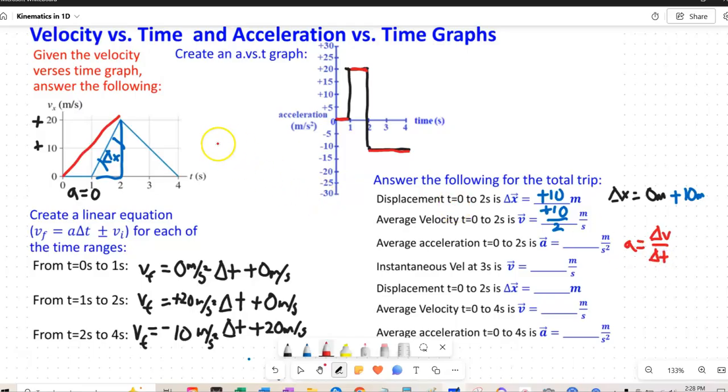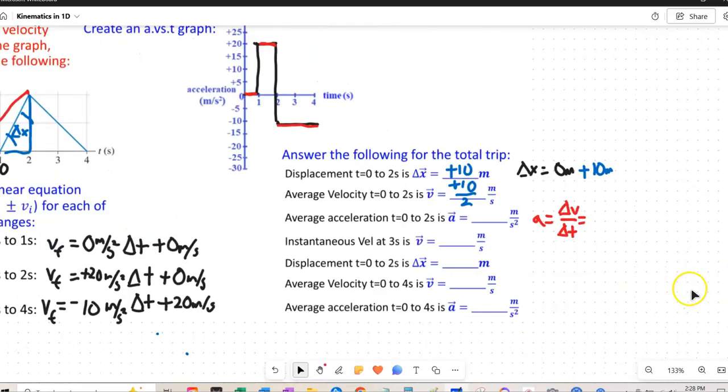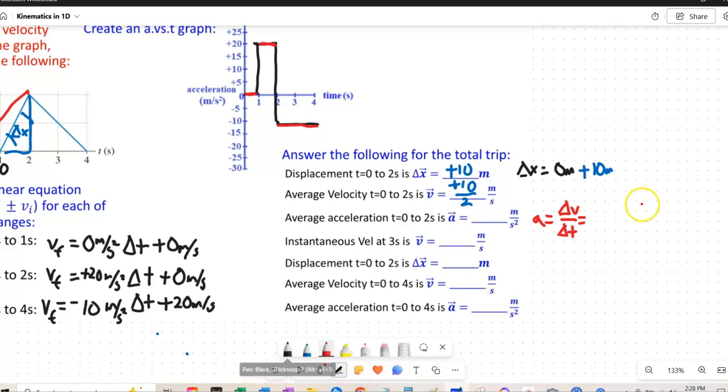So this change in velocity from 0 to 2 seconds, which is the slope of this line, is going to be positive 20 meters per second minus 0 meters per second over that 2 seconds.